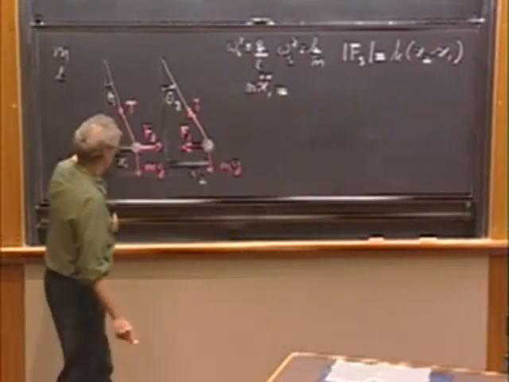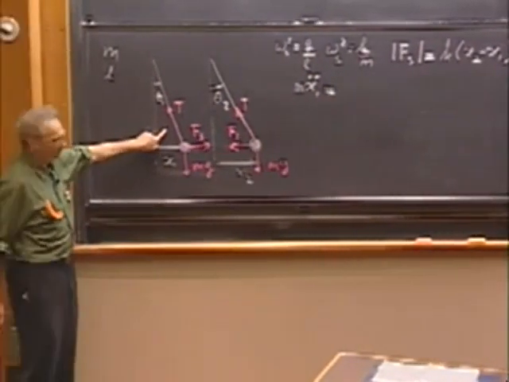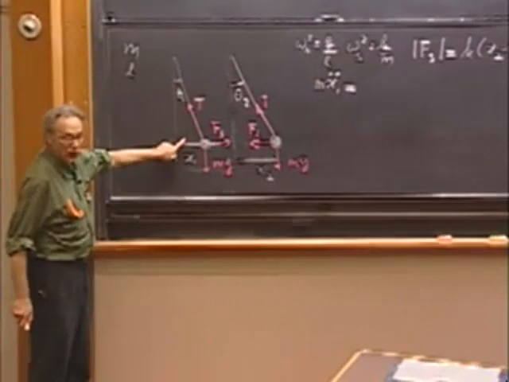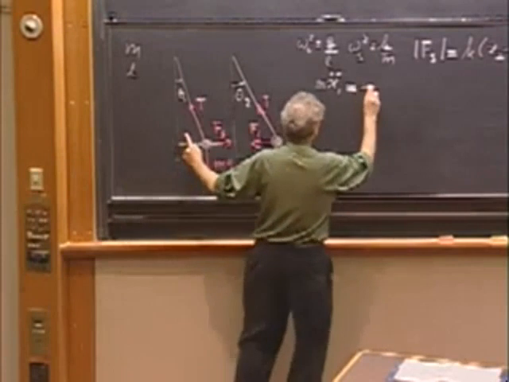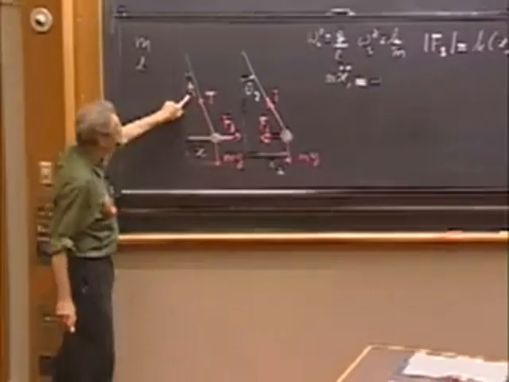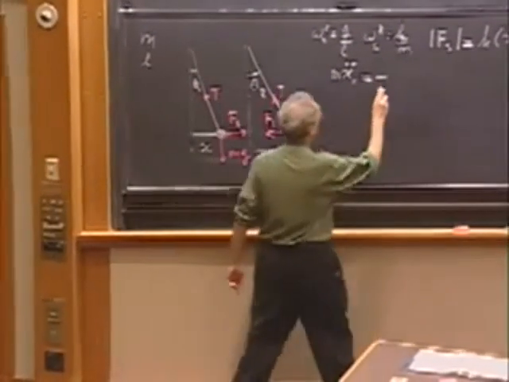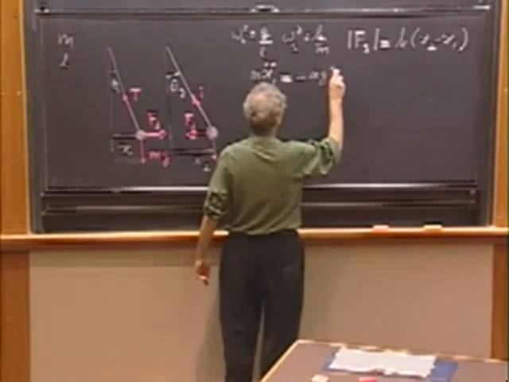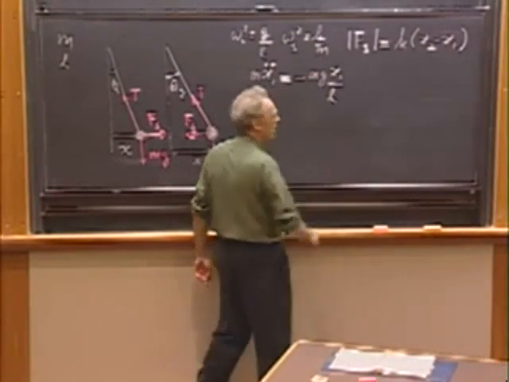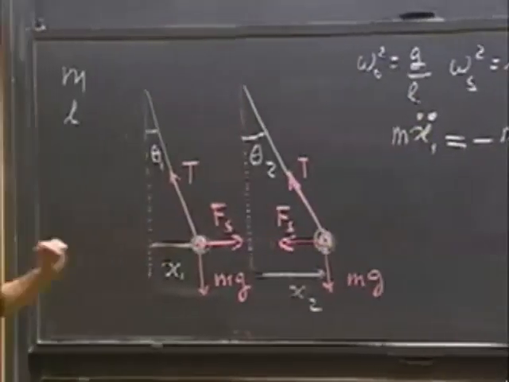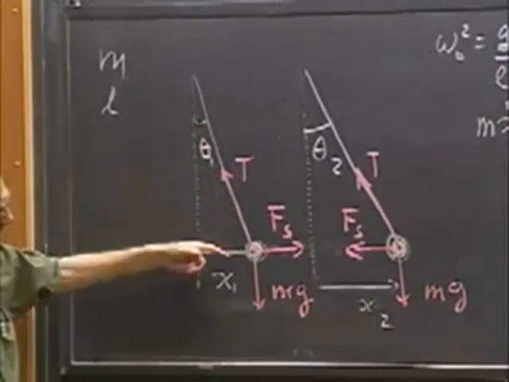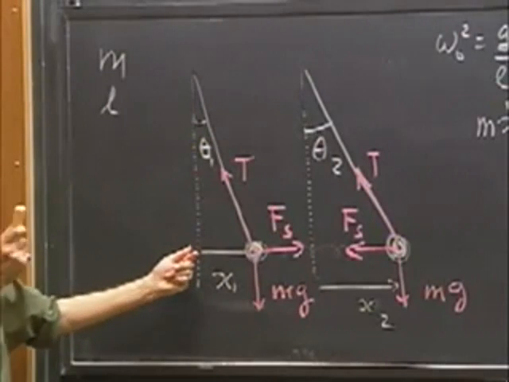So that's this one. Let's first do the pendulum. That is minus T times the sine of theta 1. And T is mg, so it is minus mg times x1 divided by L. Do we agree it is that horizontal component here? The horizontal component of T is driving it back to equilibrium, minus sign.